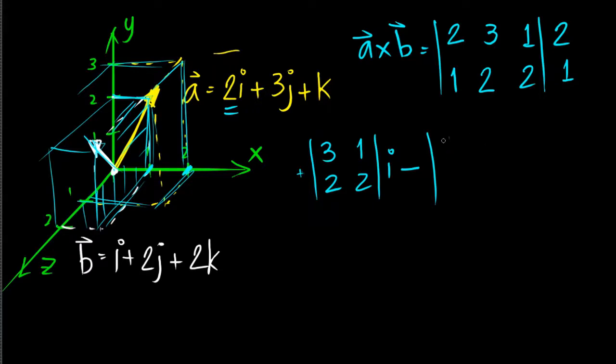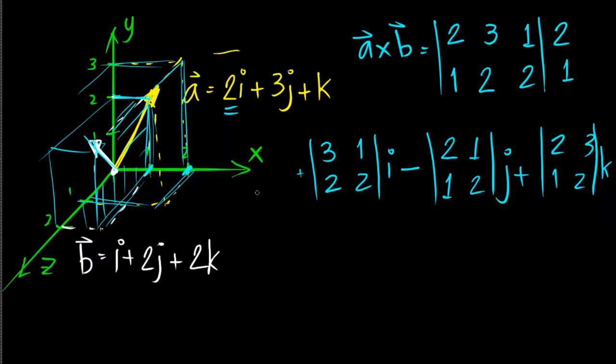Erase. So, start with this column. So, that's 2, 1, 1, 2 for J, plus the next columns. So, that's 2, 3, 1, 2, K. How do you solve this for a matrix? It's down minus up. Okay.